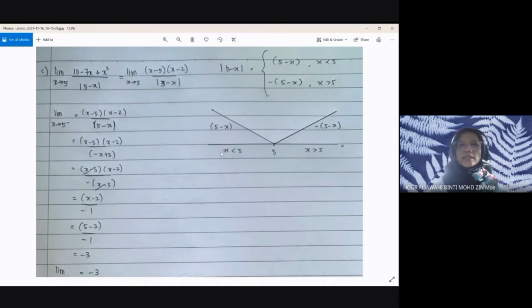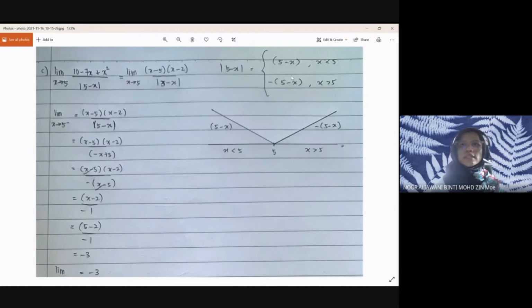Here is when x is approaching from the left, and here is when x is approaching from the right. When x is approaching from the left, this is the equation, so we write 5 minus x. And second, this graph is opposite to this graph, so we just minus this equation to become minus 5 minus x. So we can do the equation for the limit as x approaches 5 from the left.